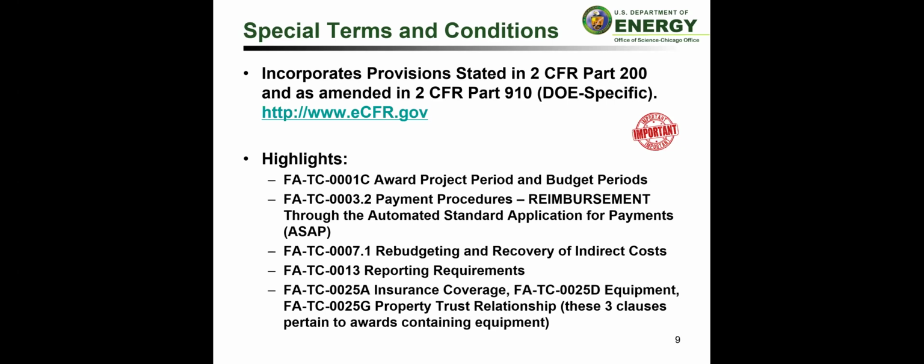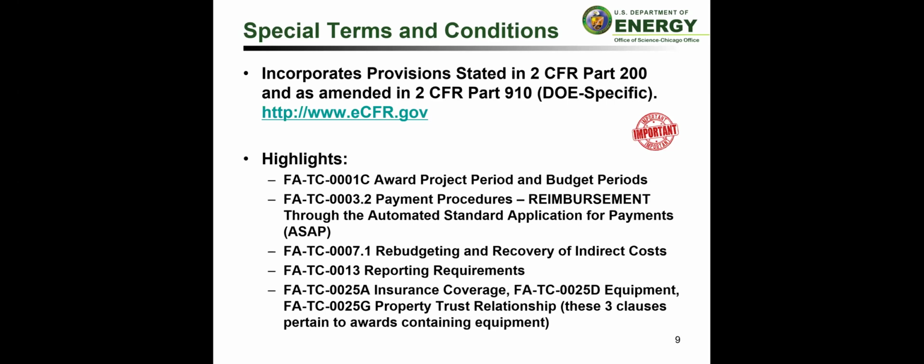Clause 1C tells you what your awarded project period is and the dollar amount or government share for that period of performance. Clause 3.2 is the ASAP clause, and the majority of companies awarded under both phase 1 and phase 2 are on ASAP, but there are a few companies that won't have this clause, and they'll have a variation that is for companies that are on invoicing.